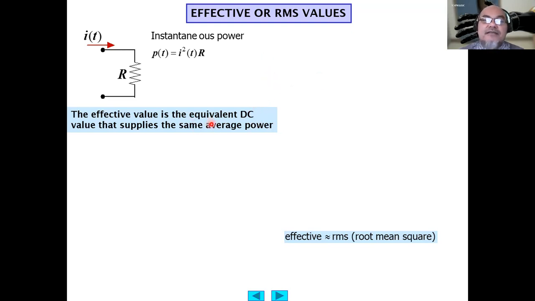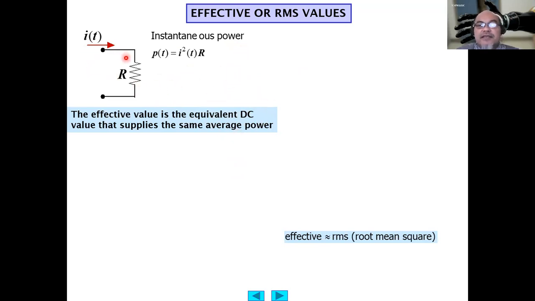Effective means that the equivalent DC value that will supply the same average power. So the criteria here is they have the same average power. Then what will be the effective value of the parameter, voltage or current, in the equivalent DC.